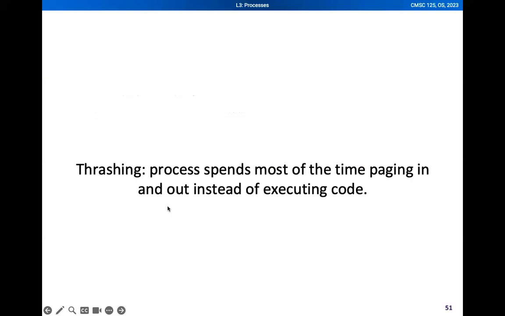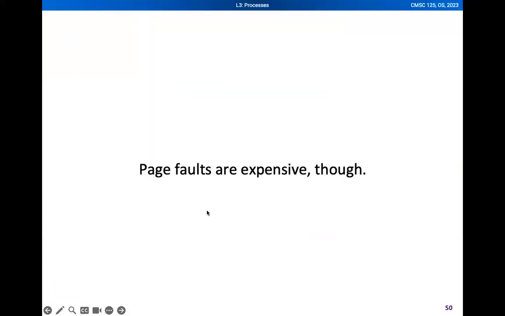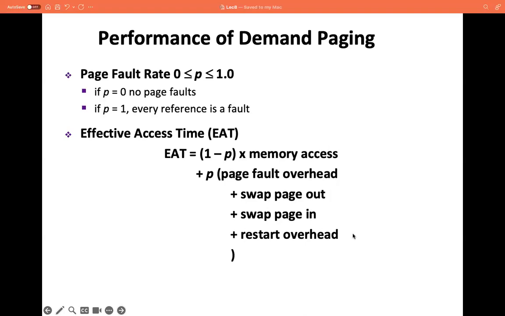Because if we have to go back into our process again, the OS has to request the desired page, then page it in, update the page table, and then restart the instruction again. So all the time that we spend on those extra processes is also considered here.